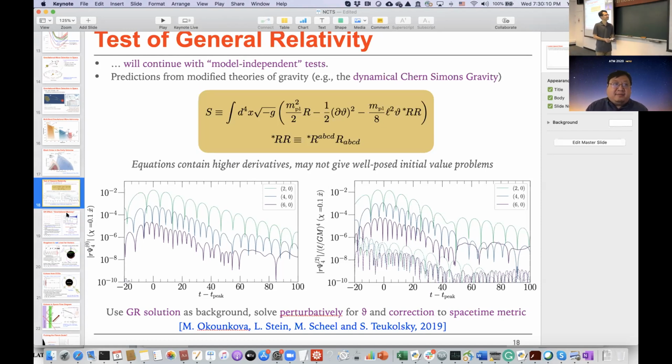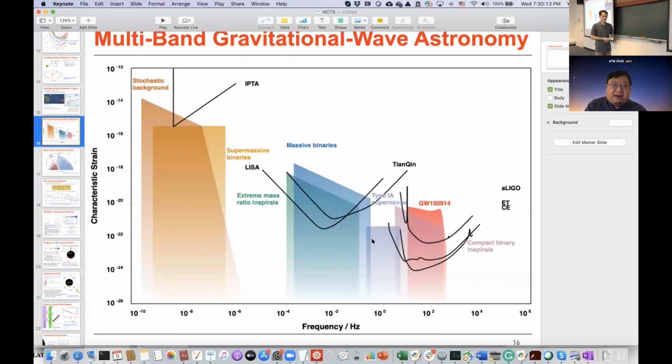Another effort, which I think I didn't mention here, is that another band of interest is the frequency band in between the LIGO and LISA bands. And here, there were conceptual designs of detectors like the DECIGO detector made by Japanese colleagues, and also the Big Bang Observer detector proposed by people in the US, where they target this band where, relatively speaking, astrophysical backgrounds are easier to remove, and they might target the stochastic background from inflation.